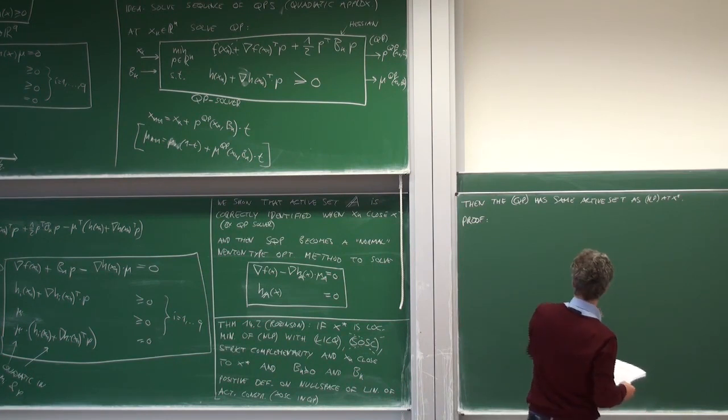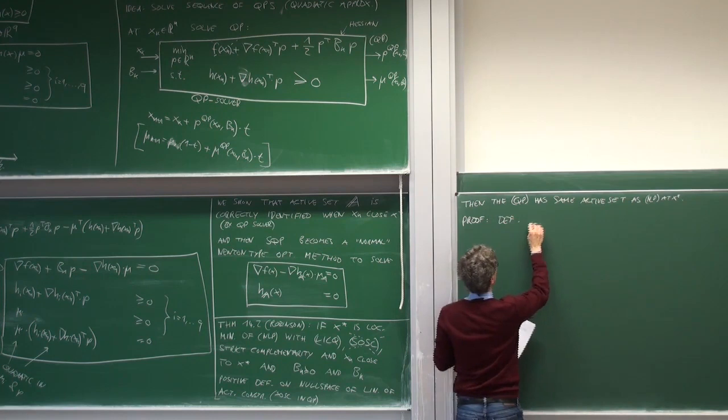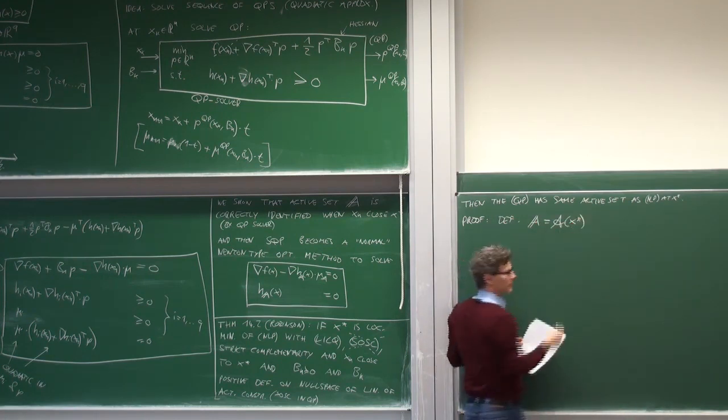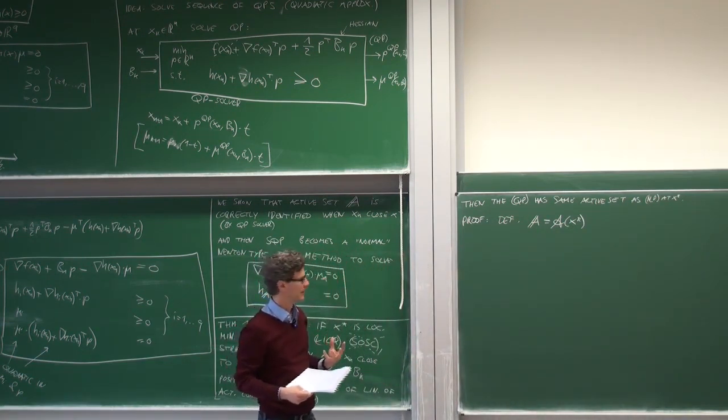And let me just first define properly the active set. So A is just the active set in our previous notation of the true NLP at the point x star. So that's the correct active set.